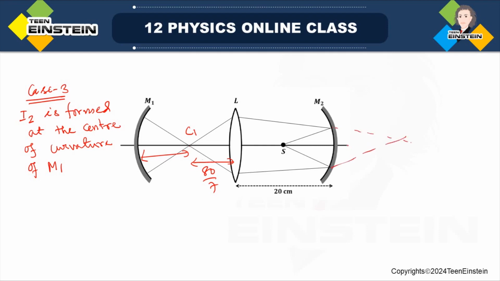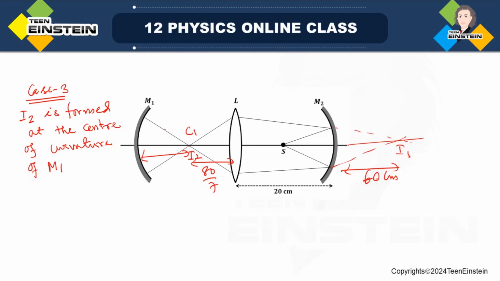The image formed by this M2 will be here at 60 centimeter, which is not going to change. This is identical, and the image formed by this lens is also at 80 by 7 centimeter away from the lens. So that image position I2 is the center of curvature for mirror 1.